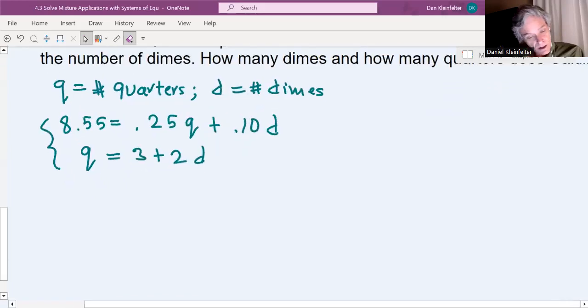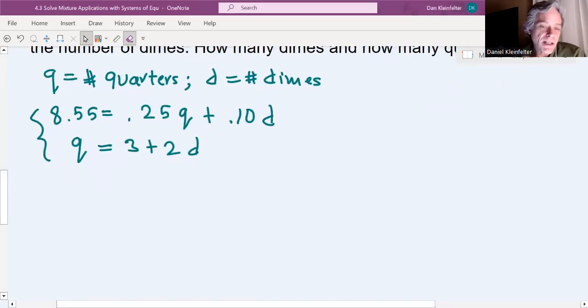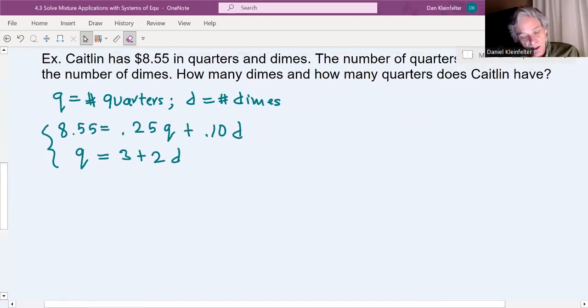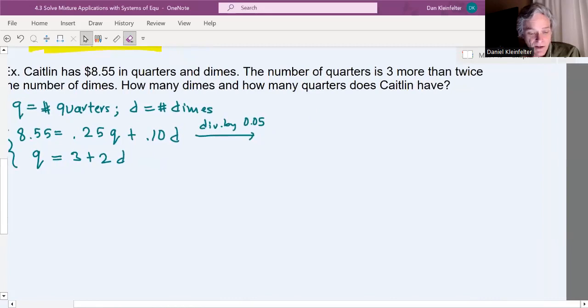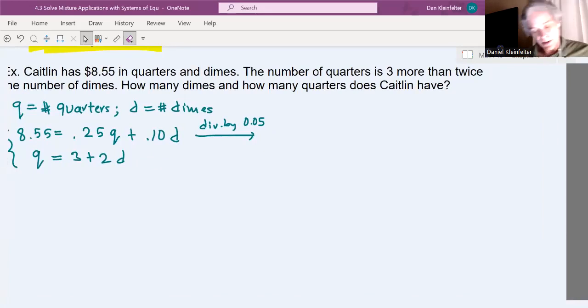it. So taking a look at that first equation, I can see that all of the numbers involved are divisible by 0.05. So to make this simpler to solve, we're going to divide throughout by 0.05. And if you don't want to, you don't have to, but it's going to be easier if we do that. 855 divided by 0.05 will be 171.